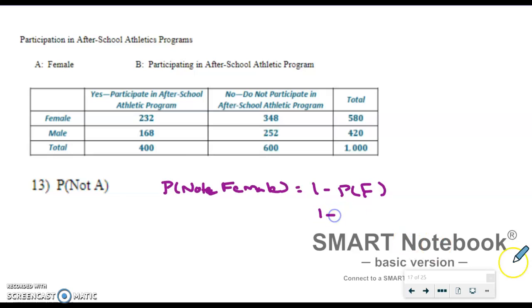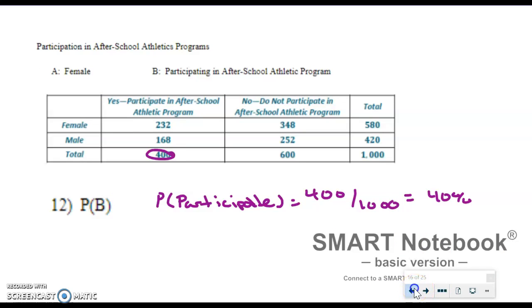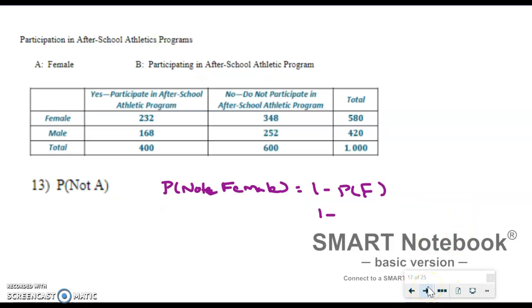And what did we find the probability of female to be? I think we found it to be 58%. Yes, we're going to do 1 minus 0.58. And that's just going to turn out to be 0.42, or just 42%. And either way is totally fine for us to write it.